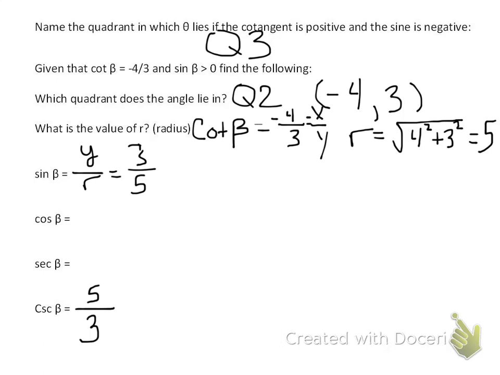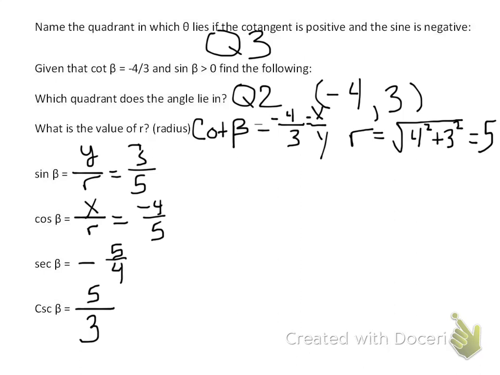All right, your cosine of beta. Cosine's ratio is x over r, which is -4 over 5. What is the reciprocal function for cosine? Secant. So it means secant is -5 over 4.